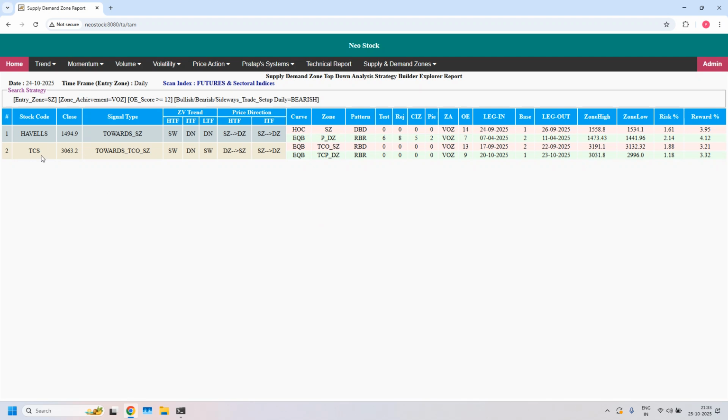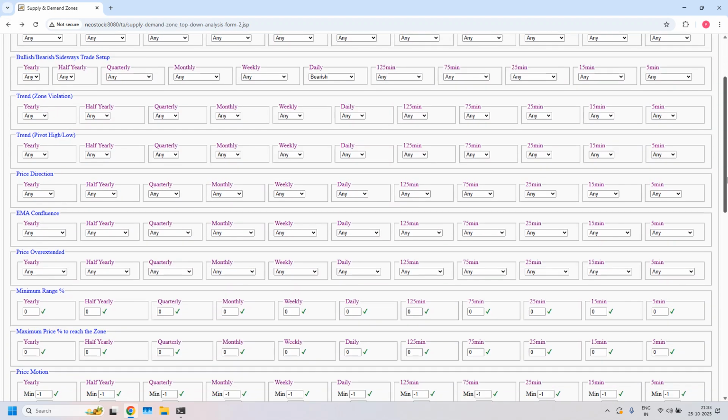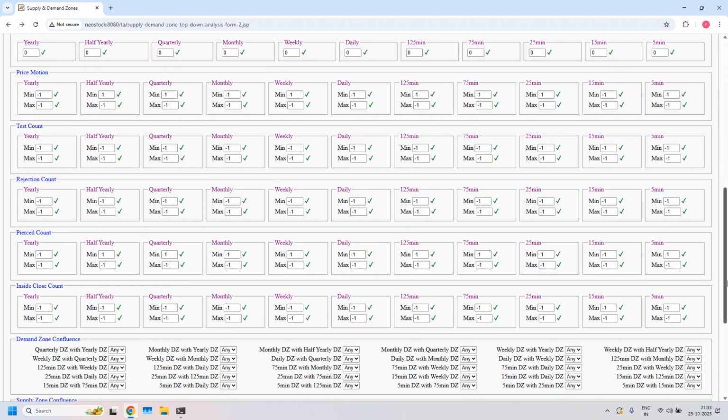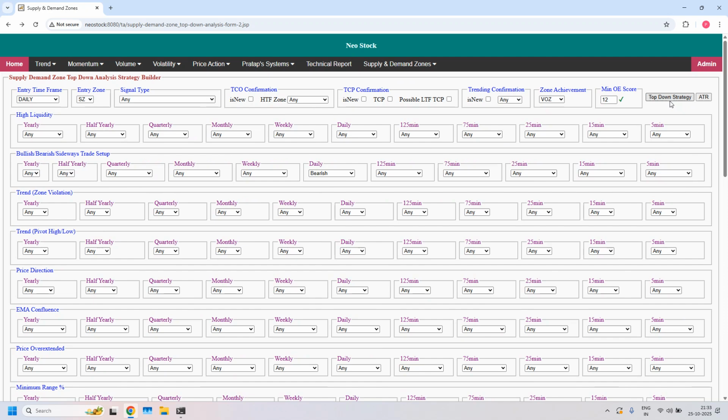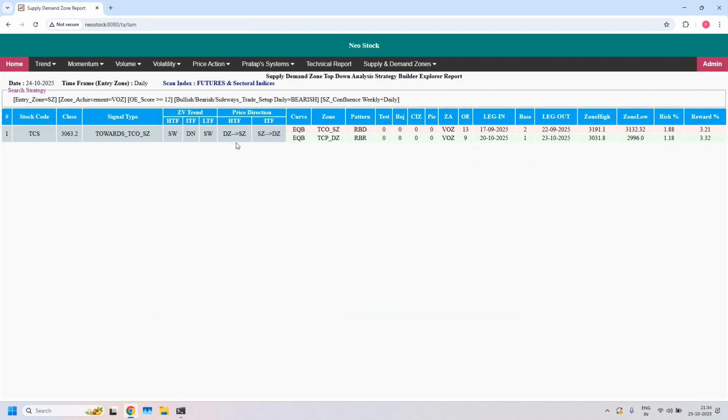Let's verify any high probability trade setup for the first strategy. LTF, ITF supply zone confluence, that is daily and weekly supply zone confluence filter is enabled. Only 1 stock is filtered. Let's verify this daily supply zone, this daily supply zone overlapped with weekly supply zone.